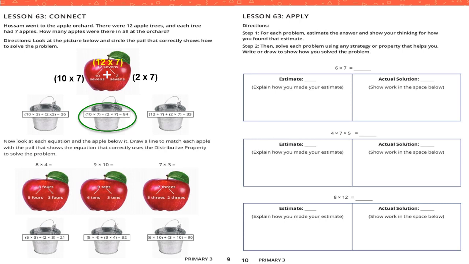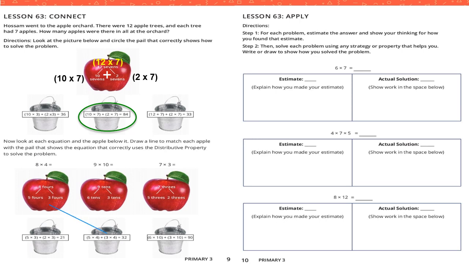It means 8 fours. Here he distributed 8 fours into 5 fours and 3 fours. 5 fours means what? 5 times 4. 3 fours means what? 3 times 4. Which one here gives me the same equations? 5 times 4 and 3 times 4.